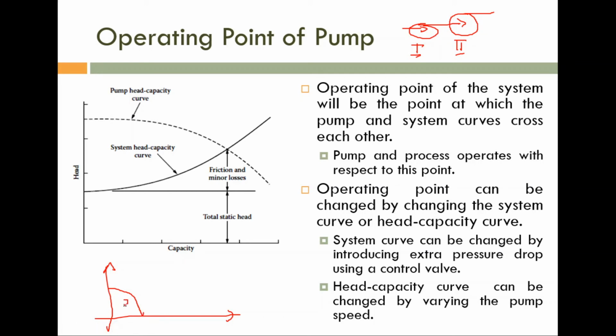If you are using the second pump, that one also provides the same discharge pressure. So you can see that the pump curve is shifted upward. If this one is the discharge pressure corresponding to one pump, then this one is doubled. So you can see that this is an additional discharge pressure that is exactly equal to this. Means this pump curve is shifted upward.